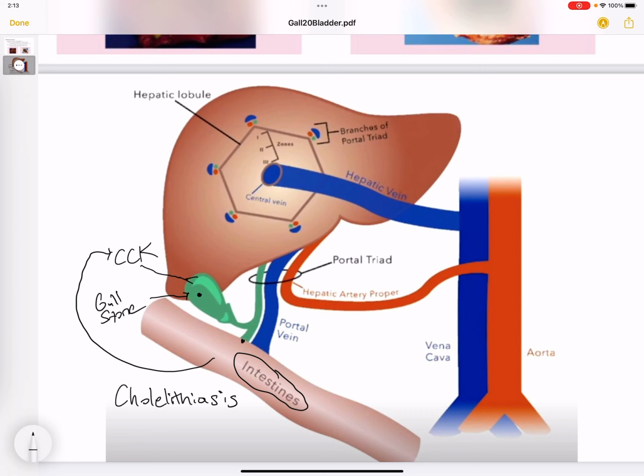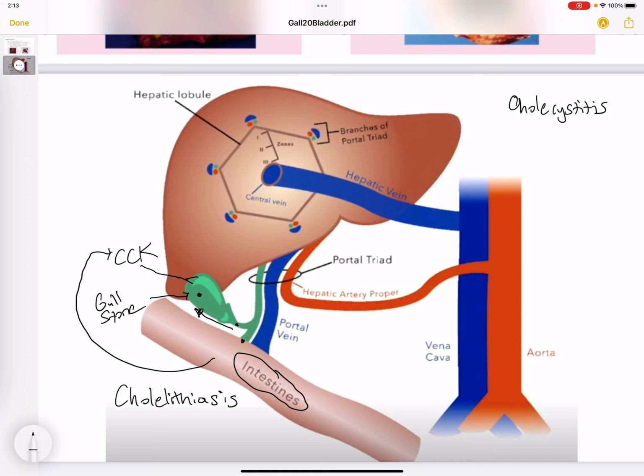Now, if a patient has a stone in their gallbladder, what can happen is when the gallbladder is being contracted, the stone can move into the cystic duct, which is found over here. If the stone moves into the cystic duct, it is going to result in persistent pain. And this can cause cholecystitis, which is basically an inflammation of the cystic duct and everything behind it.